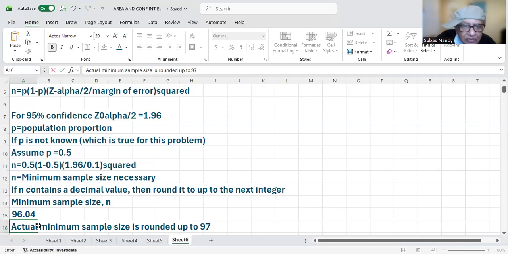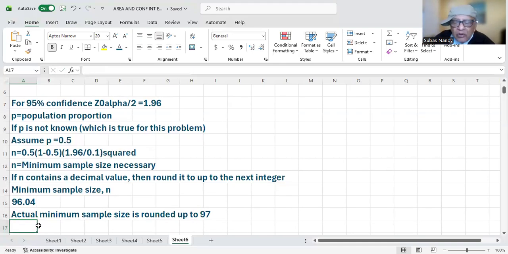Please remember that we have to round it up. We do not round it down to 96. We round it up to the next higher number, which is 97.